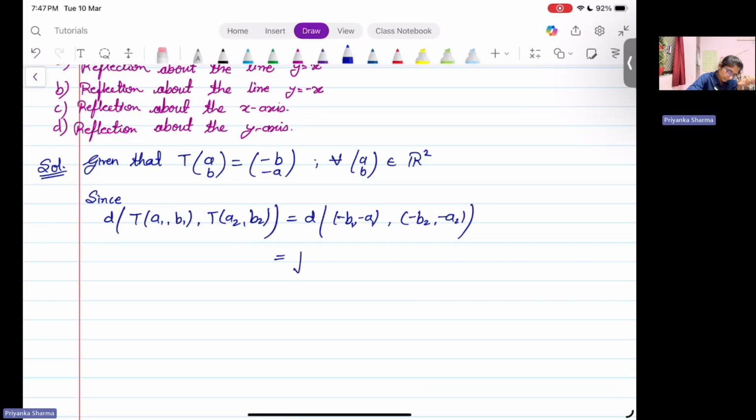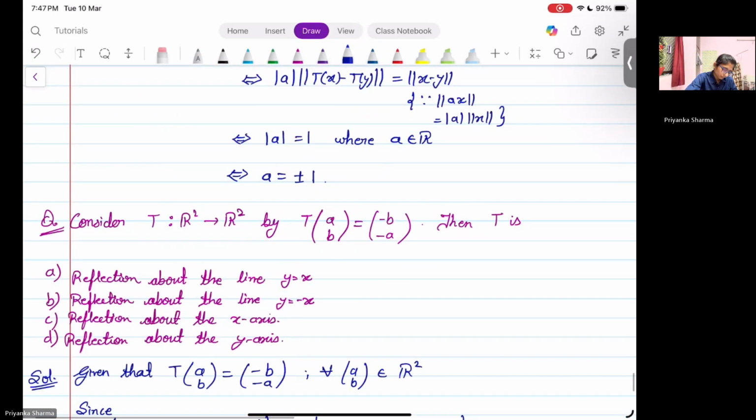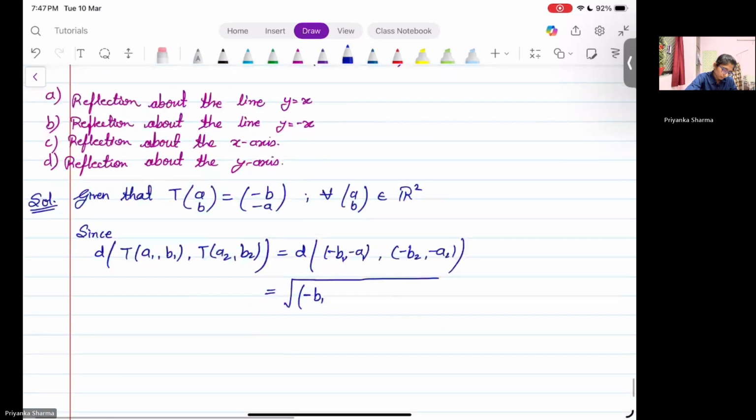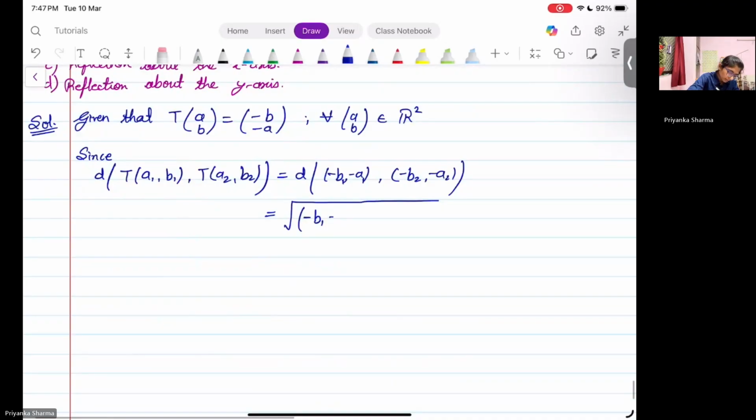This is the square root of (minus B1 plus B2) whole square plus (minus A1 plus A2) whole square.